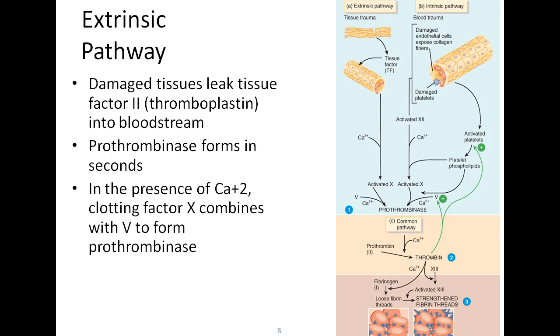So what we have in the extrinsic pathway is tissue factor, that is factor 3, thromboplastin, is released from the damaged tissues and it combines with factor 7 and also calcium to form a sort of complex.